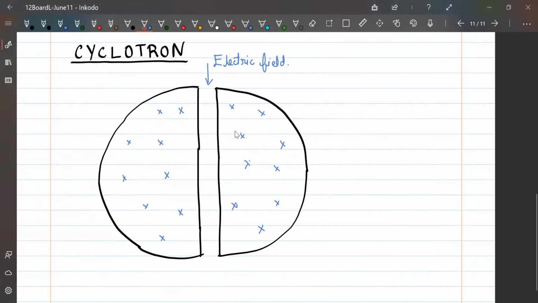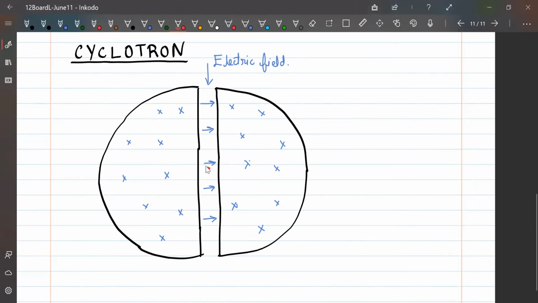So let us say some charged particles are released here. The electric field is, let us say, in this direction. When the charged particles are released, they will gain some velocity in the electric field and enter this region.